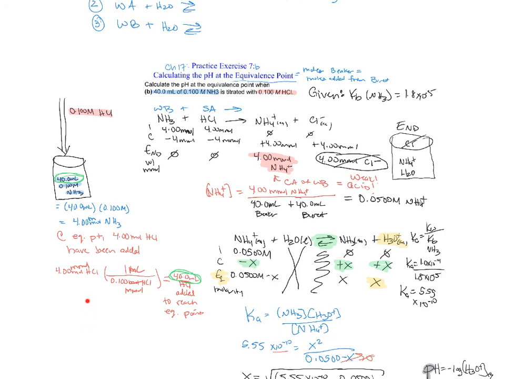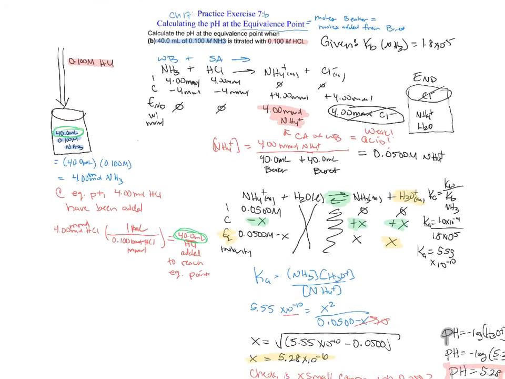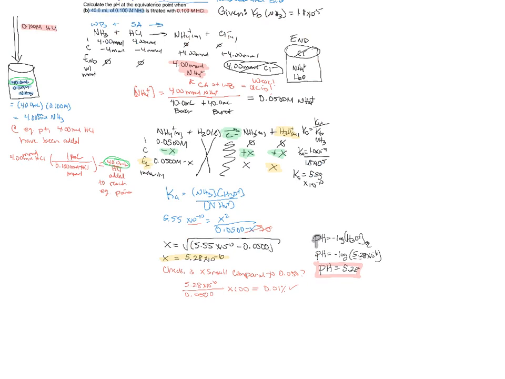And once I have Ka, I can then solve for x. I check to make sure that x is small, which it is, so we do not need to go back and use the quadratic formula. And now I go back to my ICE box. I can see that my x, again, is at equilibrium my hydronium. So my pH is just the negative log of that, which is 5.28.